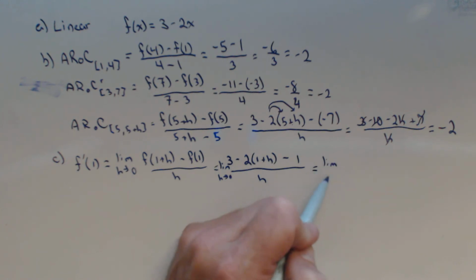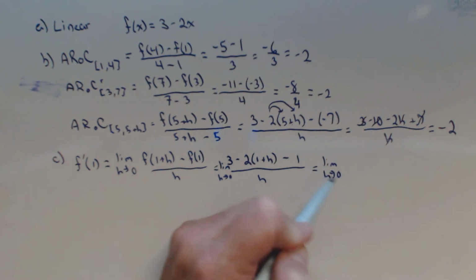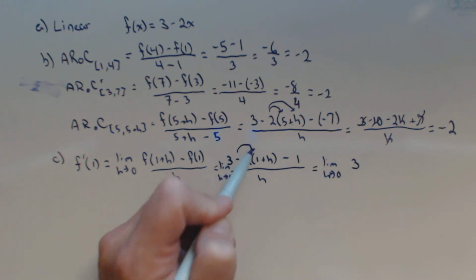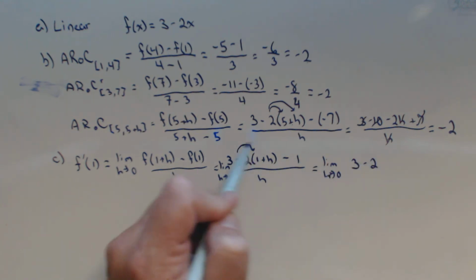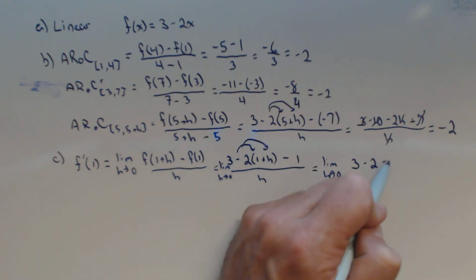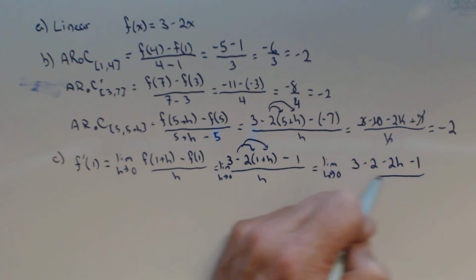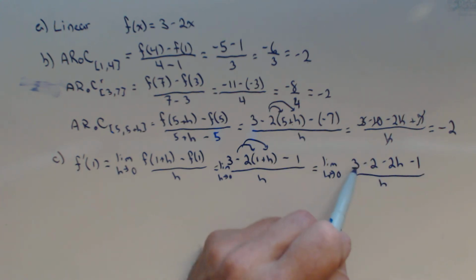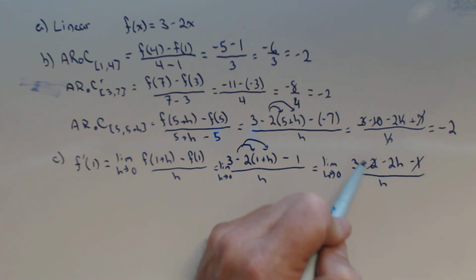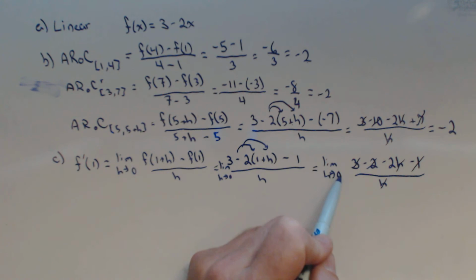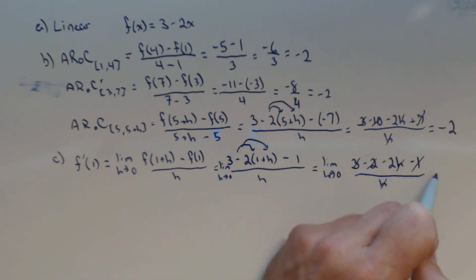So we're going to be taking the limit as h goes to 0 of 3, now let's distribute, minus 2 minus 2h, and then we have a minus 1 all over h. So 3 minus 2 is 1, minus 1, so once again all those cancel, which allows us to cancel the h. The limit as h goes to 0 of -2 is exactly that, -2.